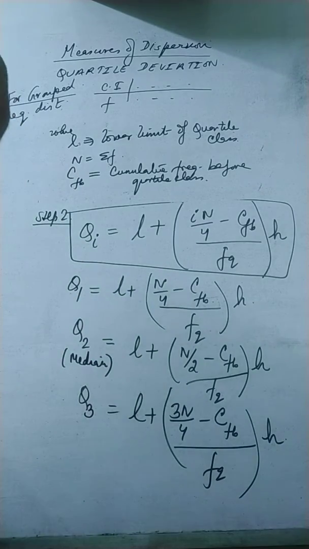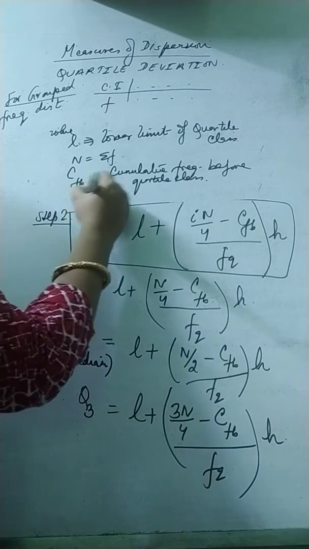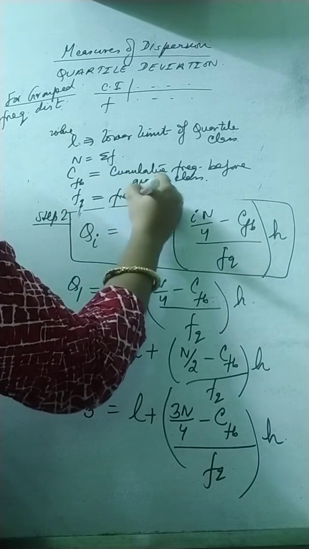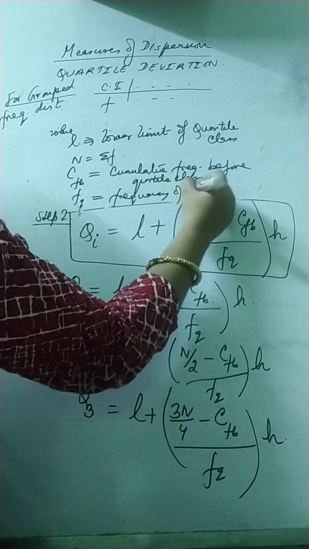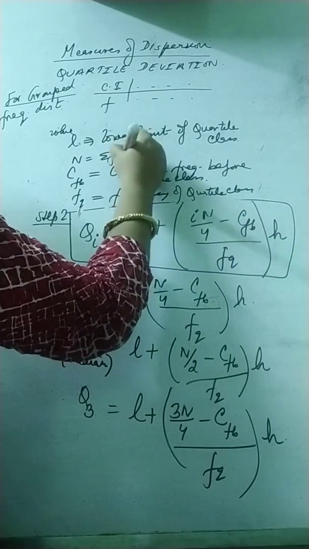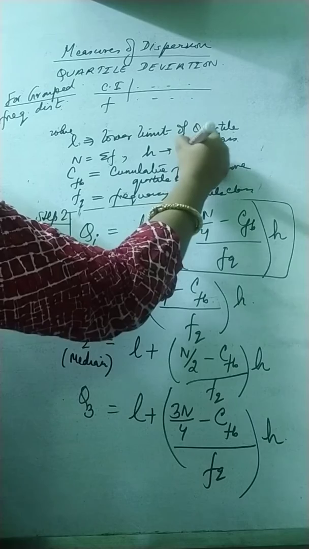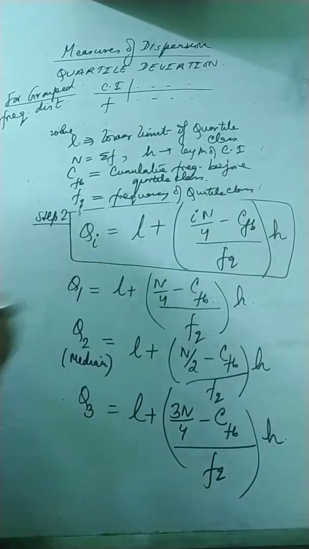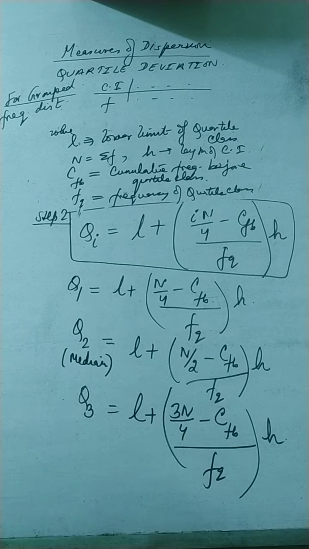FQ, F suffix Q, means frequency of the quartile class, and H means the length of each class interval. This is what we have discussed already. We needn't do any applications on this. So now we will do some applications on this formula.